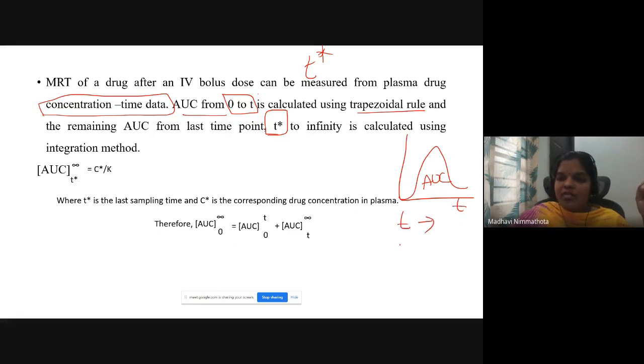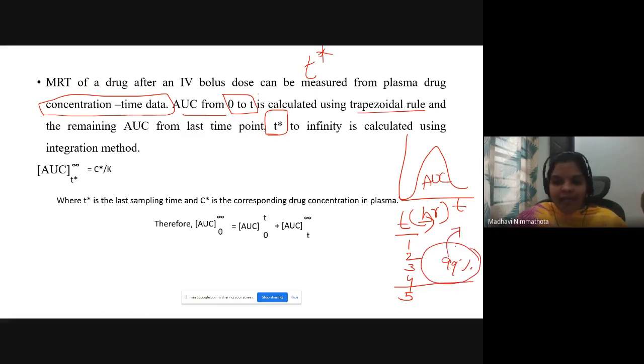Suppose you withdraw samples at the first, second, third, fourth and fifth hours. Up to 4 hours, your drug will be released 99%, and then the area available under this will be 98%.